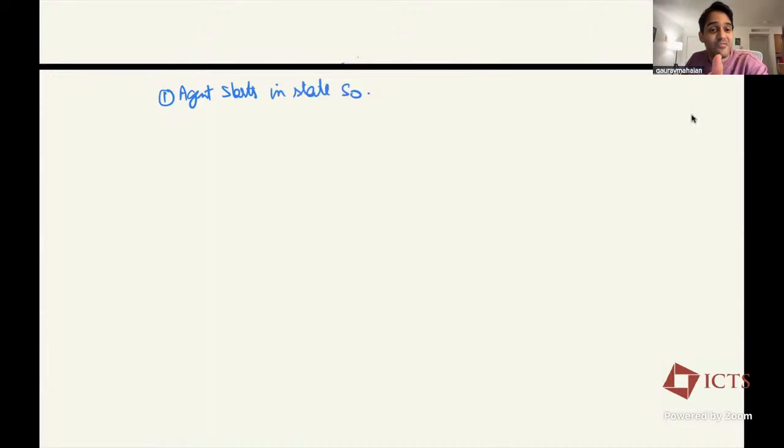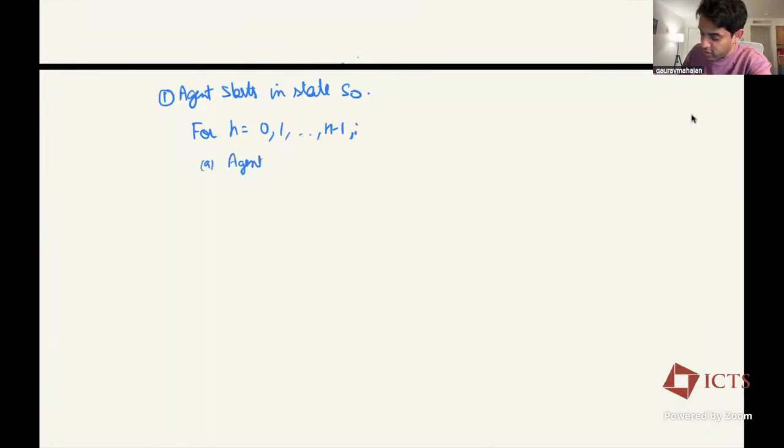Okay, so this is the interaction model, right? Your agent starts in some state and then does a loop. For h equal to 0, 1, ..., h minus 1, the agent observes state s_h. And this is basically the difference now.